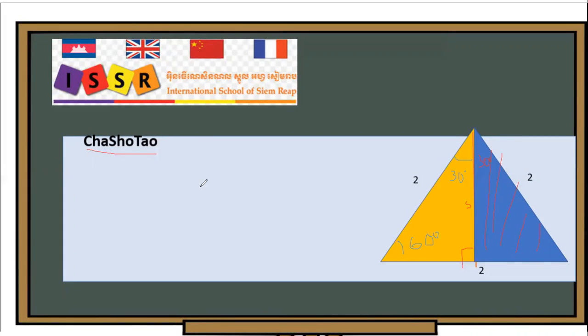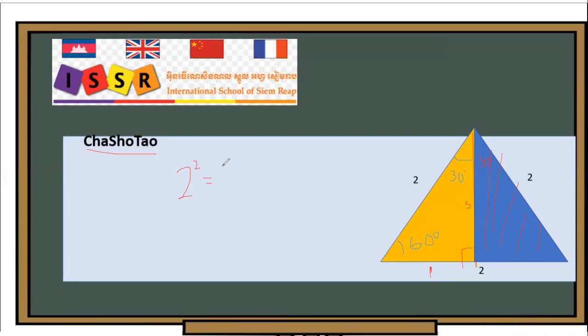If you know the Pythagoras theorem, it says that the hypotenuse to the power of 2 is equal to this side to the power of 2 plus this side to the power of 2. Since I have bisected this line, this side is going to be 1, because from here to there it's 2 units. So this is going to be 1 unit.